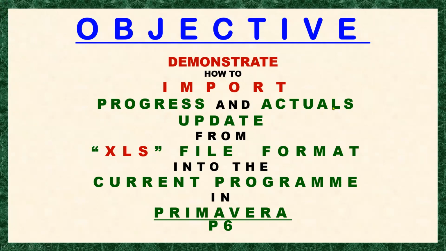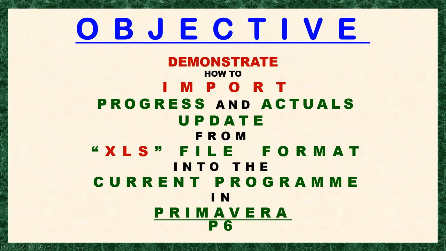And when you say actuals, this is about the resources, or the actual units of the resources. This is to update from XLS or Excel file format into the current program in Primavera P6.